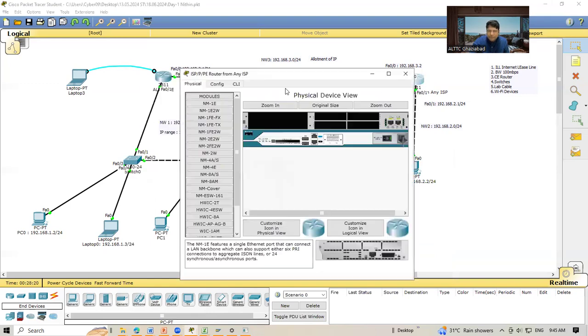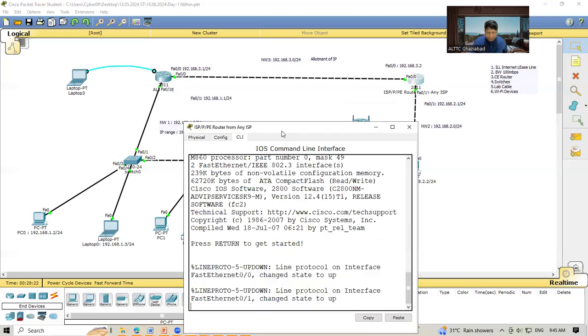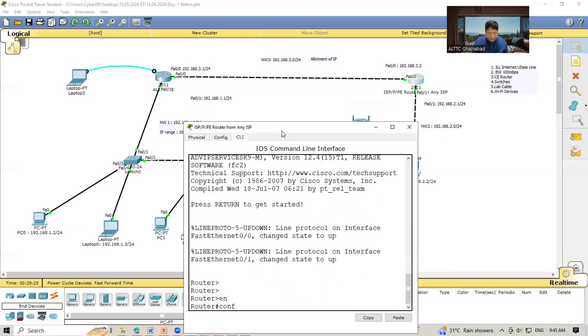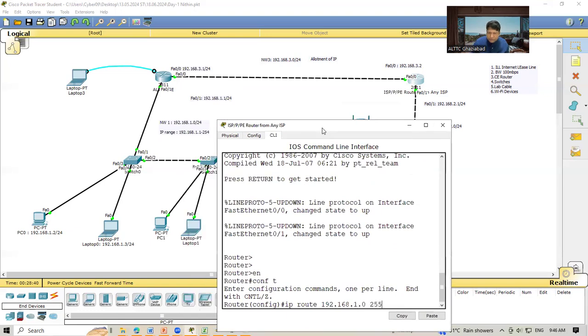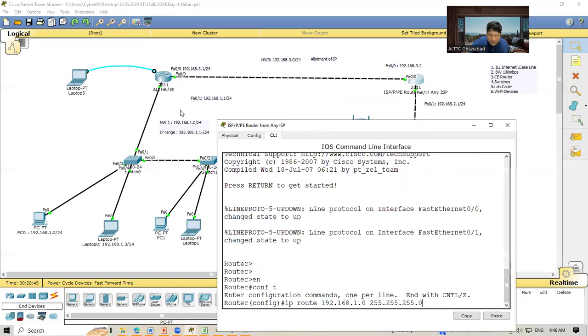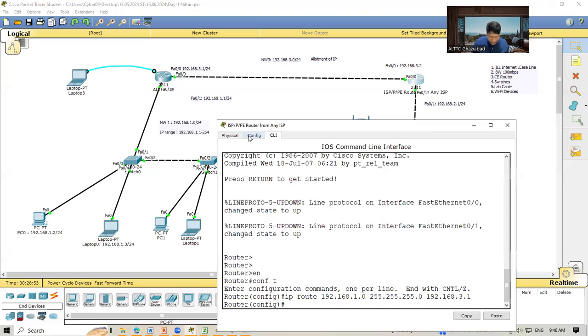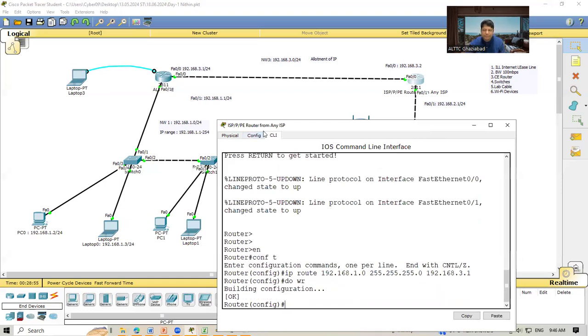Click here, go to the CLI, enable, configuration mode, and I give the instruction to the router: ip route, for which network? 192.168.1.0 with the subnet mask, complete detail, and the next hop for this network is this router port 192.168.3.1, and then write.